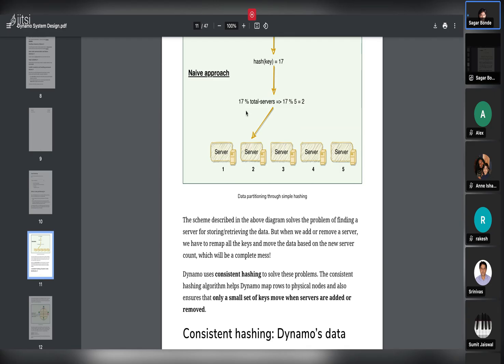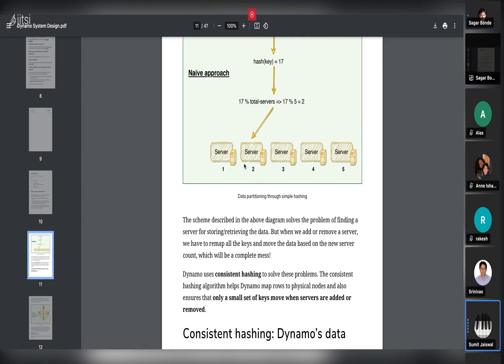So what they are saying is, with the help of consistent hashing, only certain records need to be moved. So let's say you add a new server between first and second server. Otherwise the data will be distributed across all of them, so it should be added in such a way that there is less movement of data. That's the whole idea of consistent hashing.